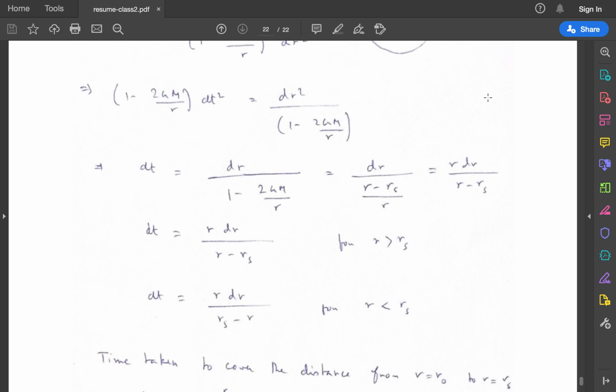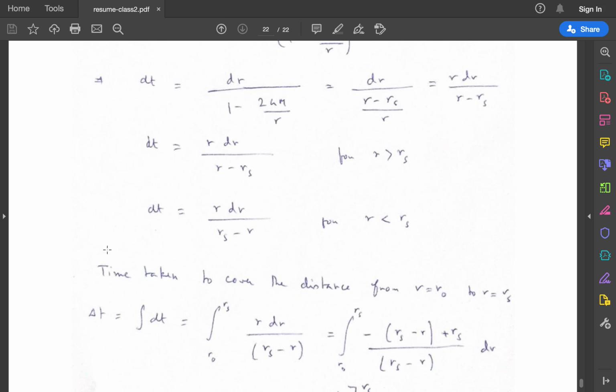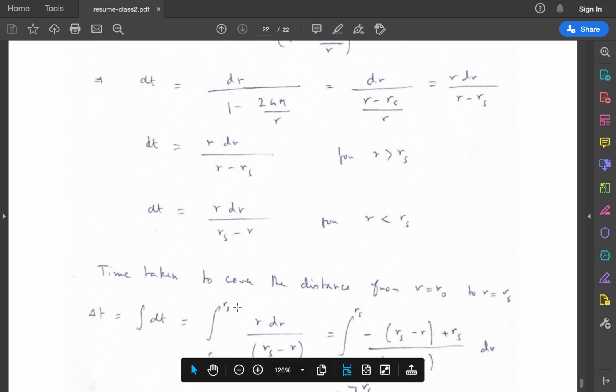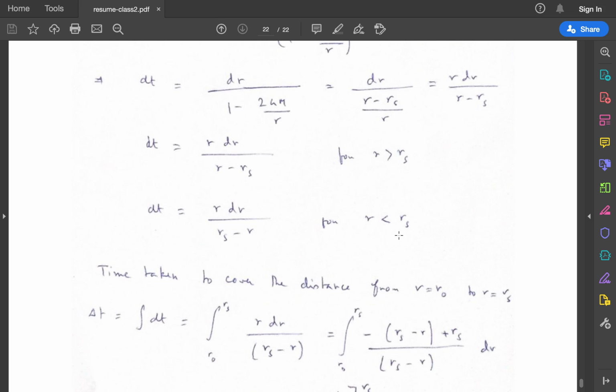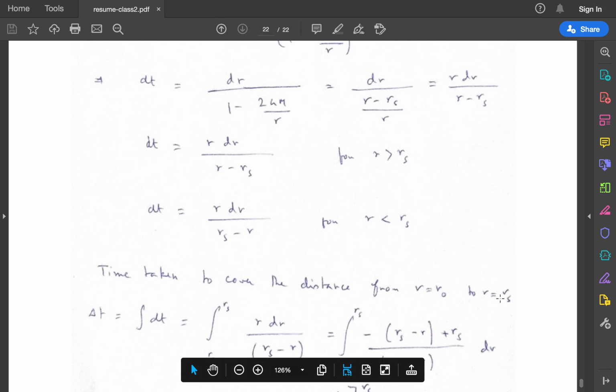Let us now find the time taken to cover a distance from, let us say, r equal to r0 to r equal to rs. So from the very inside of a star, inside of rs, a photon is starting its journey, coming radially outward, and crossing r equal to rs. What is the change in time?